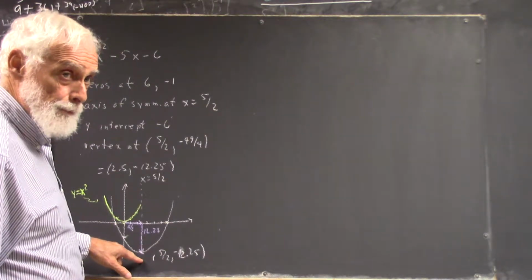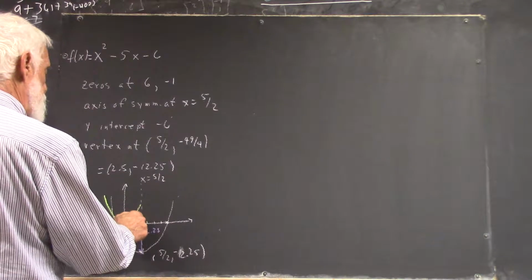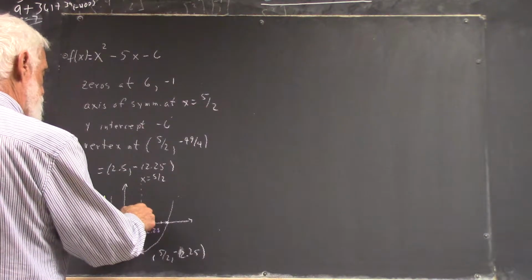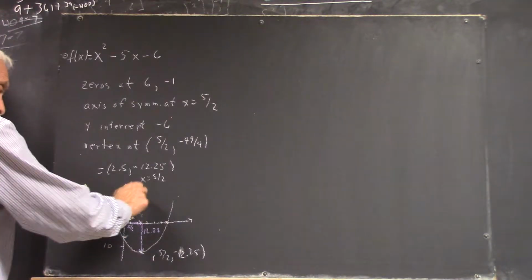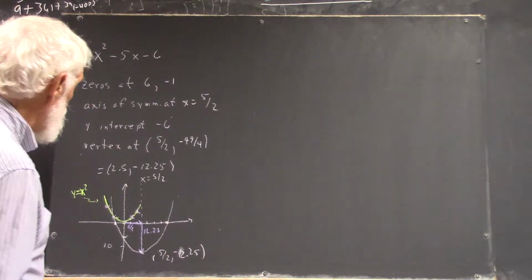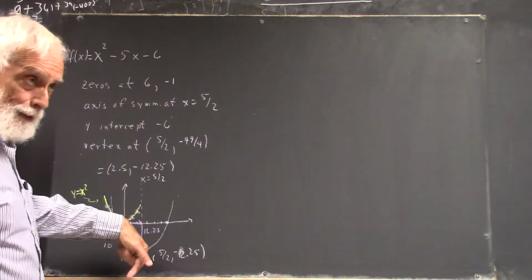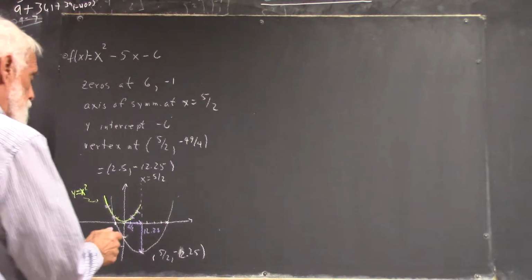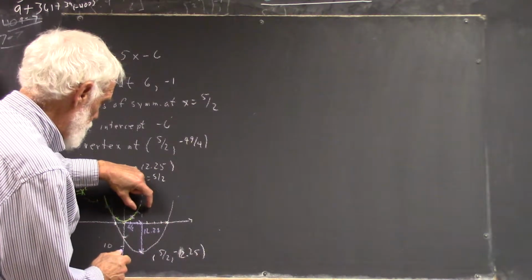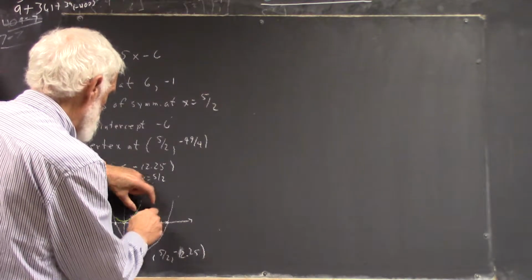Okay? Now if we take any point on this green graph and use arrows of the same length to move that point over and, in this case, down, to move it horizontally and vertically, we're going to have to move it this far. So we're going to be about here.